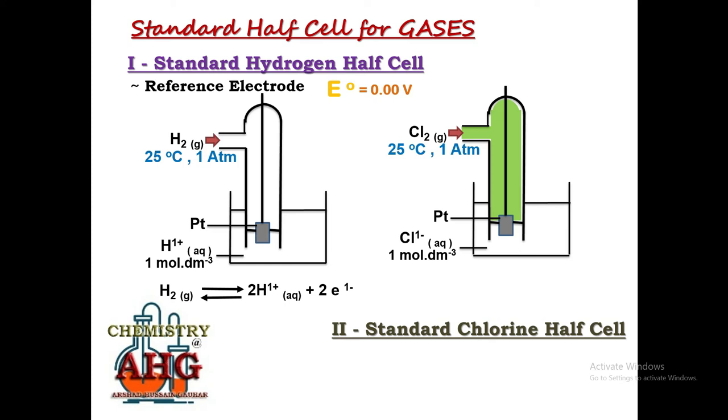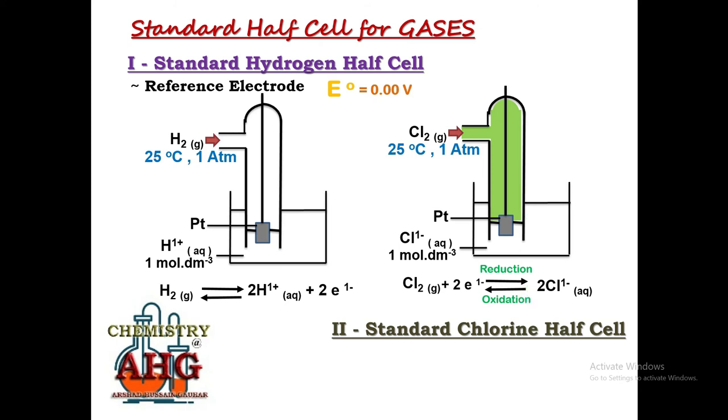Okay, next thing. When chlorine molecules and chloride ions come in contact with each other with the help of platinum foil, an equilibrium will be established. Chlorine will undergo reduction to produce chloride ion, and chloride ion will undergo oxidation to produce chlorine gas. In this case, which process will dominate?